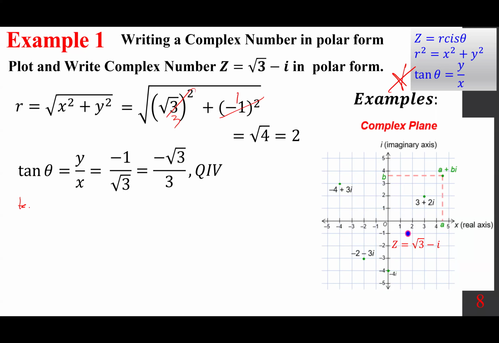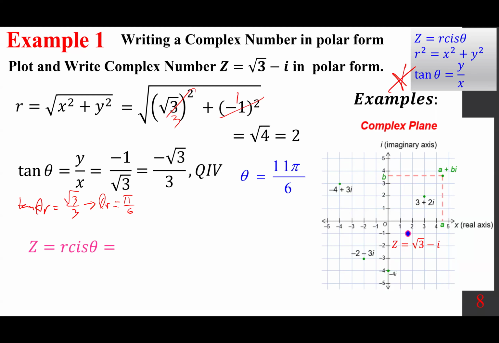So let's say tan theta, I'm going to call it reference arc, is positive square root of 3 over 3. So the reference arc is pi over 6. In the fourth quadrant, subtract this from 2 pi, and theta becomes 11 pi over 6. Okay, everybody?